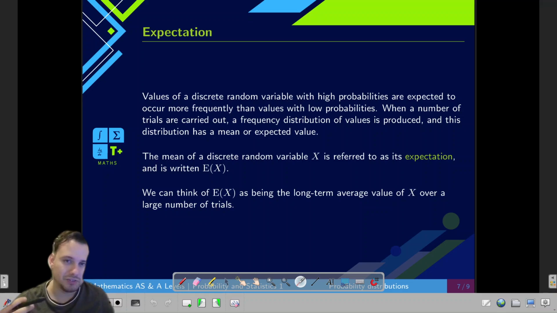Thus, you're connecting to the previous part of the chapter that had to do with statistics. And you can find for this distribution a mean. That mean is what we would call, in the context of a probability distribution, its expectation or the expected value.